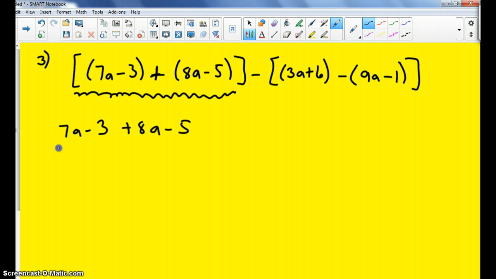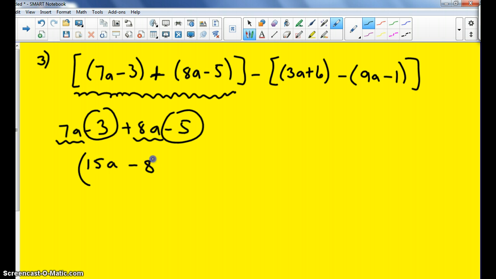And when I combine like terms, 7a plus 8a, what does that give me? 15a. And then negative 3 minus 5, what does that give me? Use your calculator. Negative 3 minus 5. Negative 8.